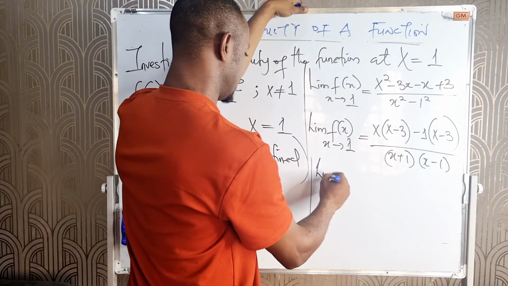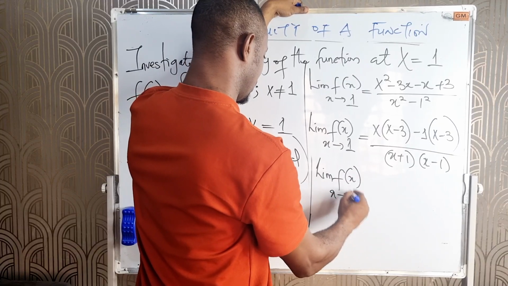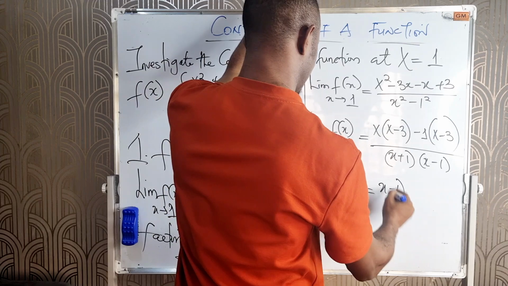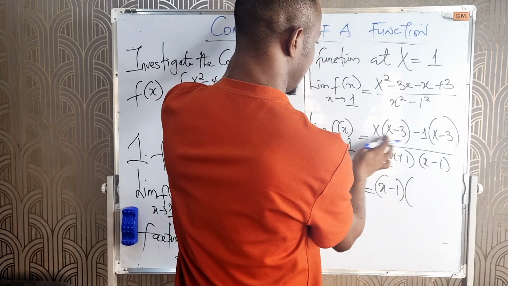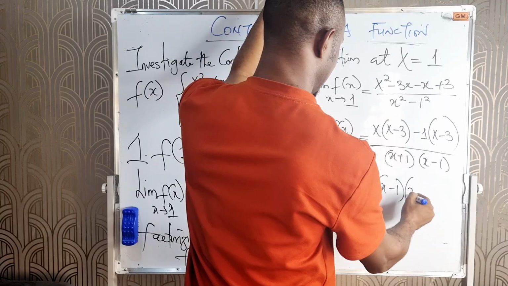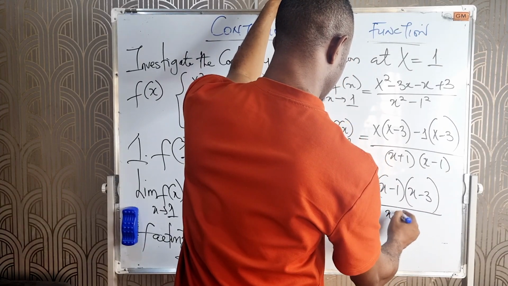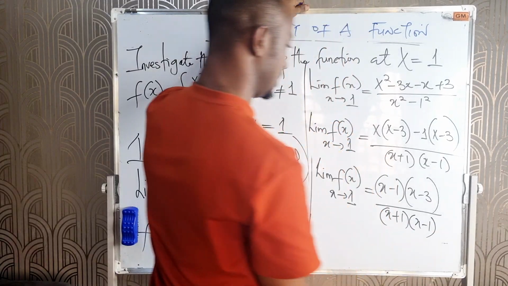So our limit of f of x as x approaches 1 will then be x minus 1 times the two factors here, x minus 1 and x minus 3, divided by x plus 1 and x minus 1.